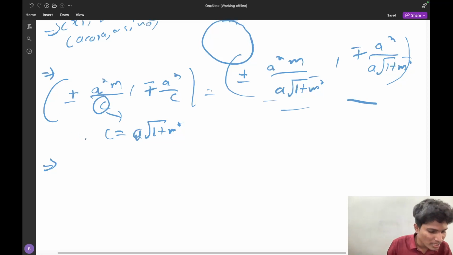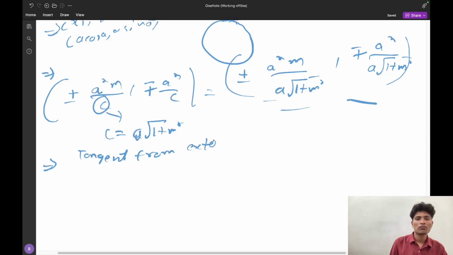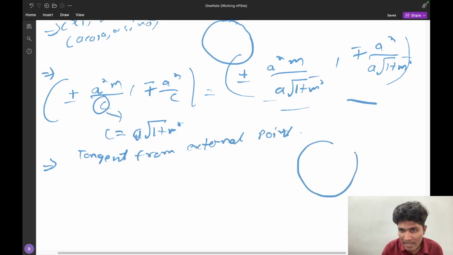Now very important concept, that is tangent from external point. In the point format, what I said, the circle equation is given and there is a point given x1 comma y1. It is on the circle and in this point only we have to make the tangent.